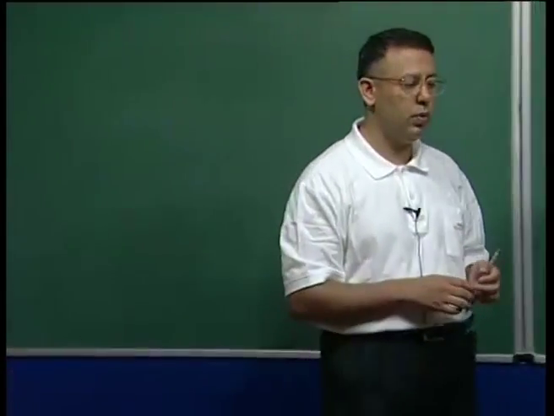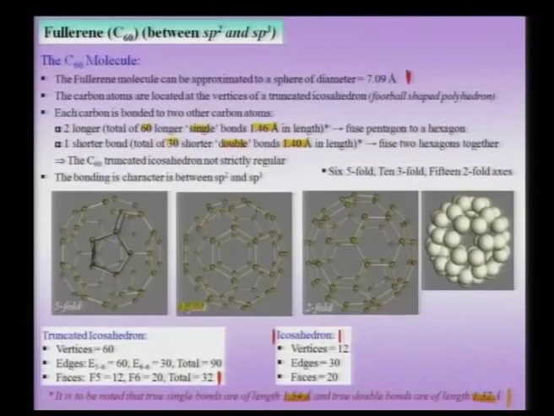But the truncation in this case has been done in a way such that my truncated icosahedron is not a regular truncated icosahedron, and the two edge lengths are different, and that means that I have double bonds and single bonds decorating this C60 fullerene molecule.